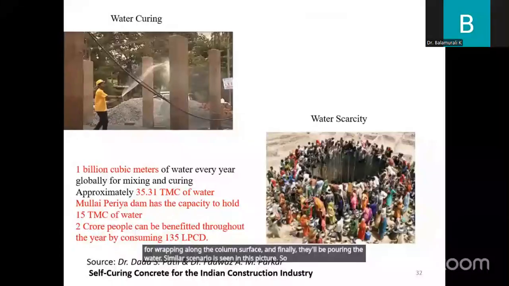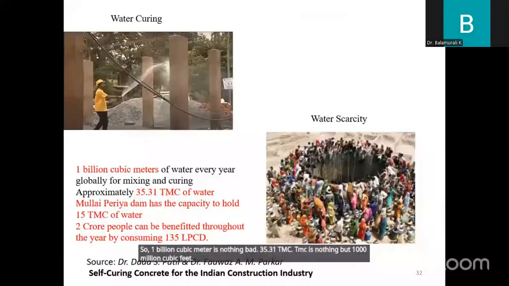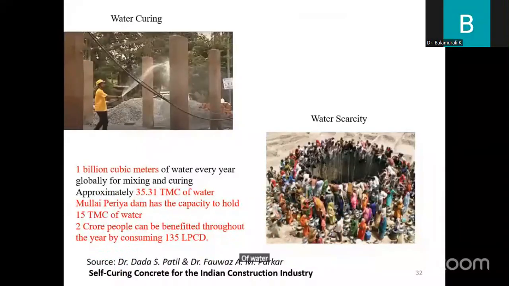So 1 billion cubic meters of water is being utilized for mixing and curing of concrete elements globally. 1 billion cubic meter is nothing but 35.31 TMC. TMC is nothing but 1000 million cubic feet of water.